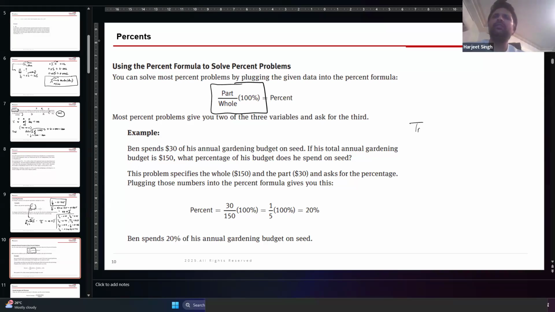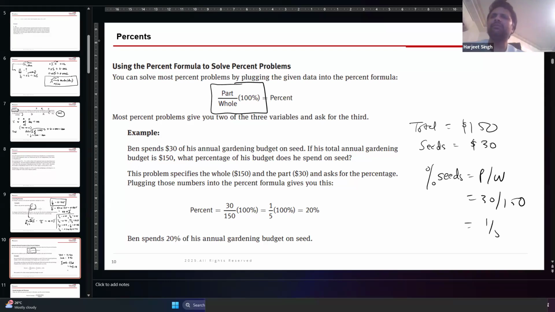So the total gardening budget is 150 and what is spent on seeds is 30. So the percentage spent on seeds is part by whole, which is 30 by 150, which is 1 by 5, which is 20%.